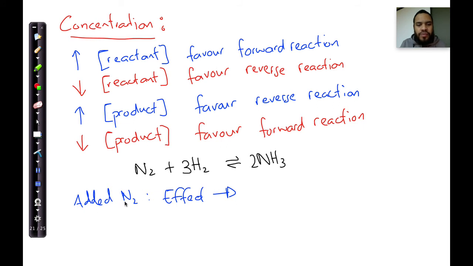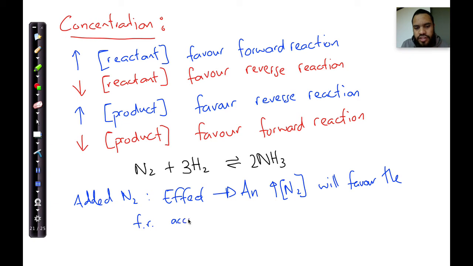You say, when we added nitrogen gas, let's just write it out in full. An increase, I'm going to write it out shorthand here, in the concentration of nitrogen gas will favor the forward reaction, FR, according to Le Chatelier's principle.